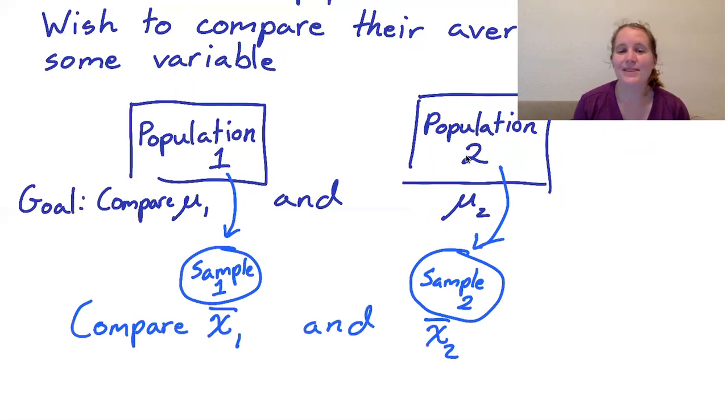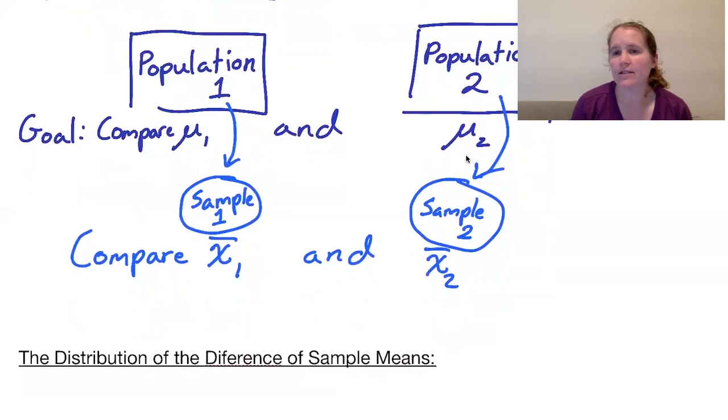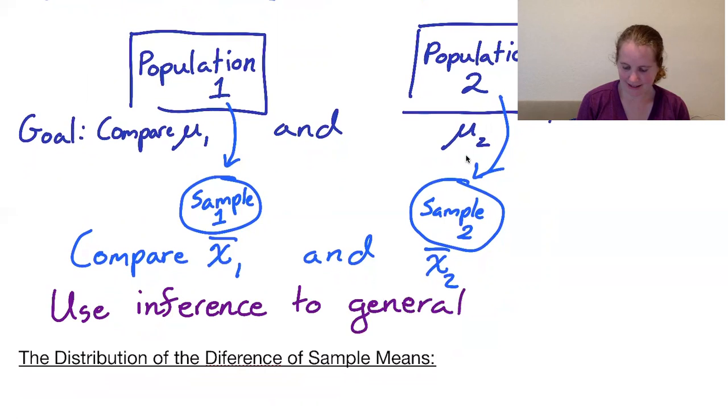And then we use the sample results to try to make judgments about the population means. So when we use inference to generalize to the populations.